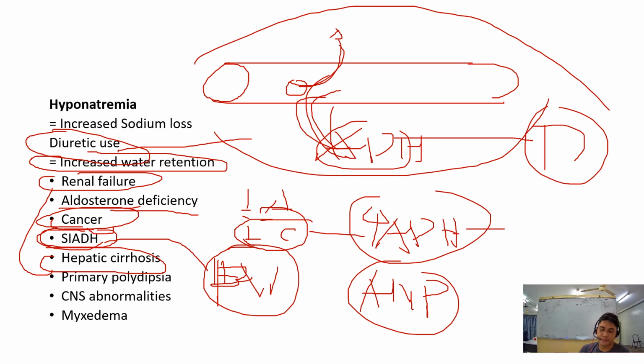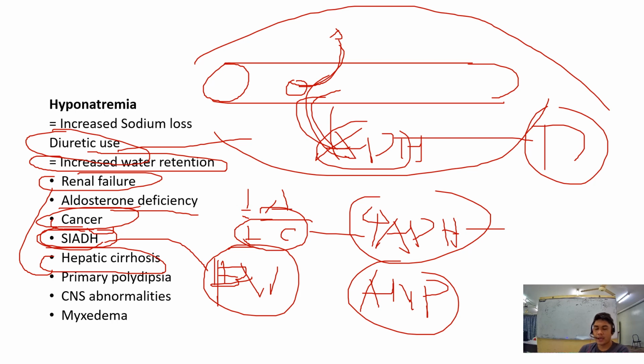Another is dipsogenic. For dipsogenic, there is compulsive water drinking. For example, if you think that drinking an excessive amount of water is healthy, that can cause dipsogenic polydipsia.